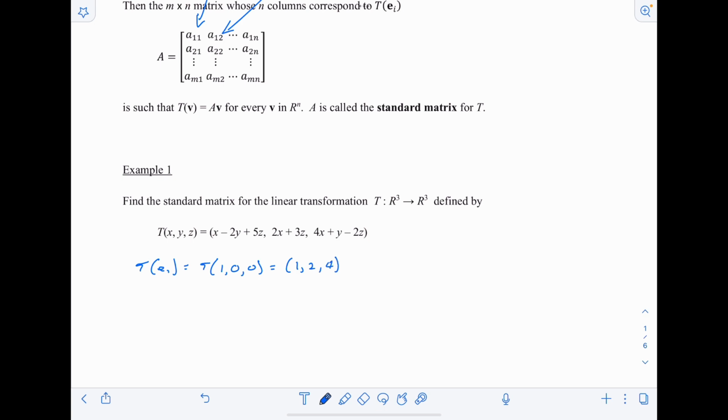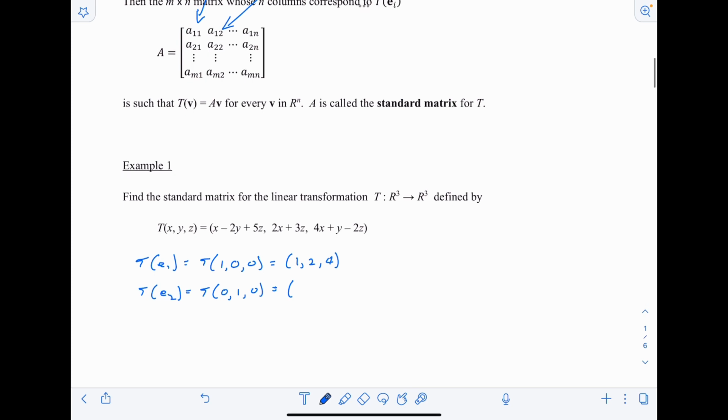And then likewise, T of E2 maps 0, 1, 0 onto the y coefficients of negative 2, 0, and 1. And then T of E3 is the transformation that maps 0, 0, 1 to the z coefficients 5, 3, negative 2.